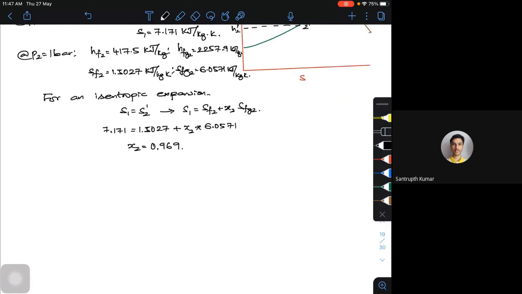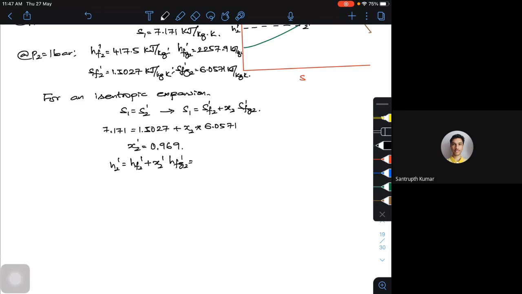Now from this I can find H2 dash actually. So all these things are 2 dashes actually. All these things are HF2 dash, just simply put, so that it is easy for you. So H2 dash is equal to HF2 dash plus X2 dash into HFG2 dash.